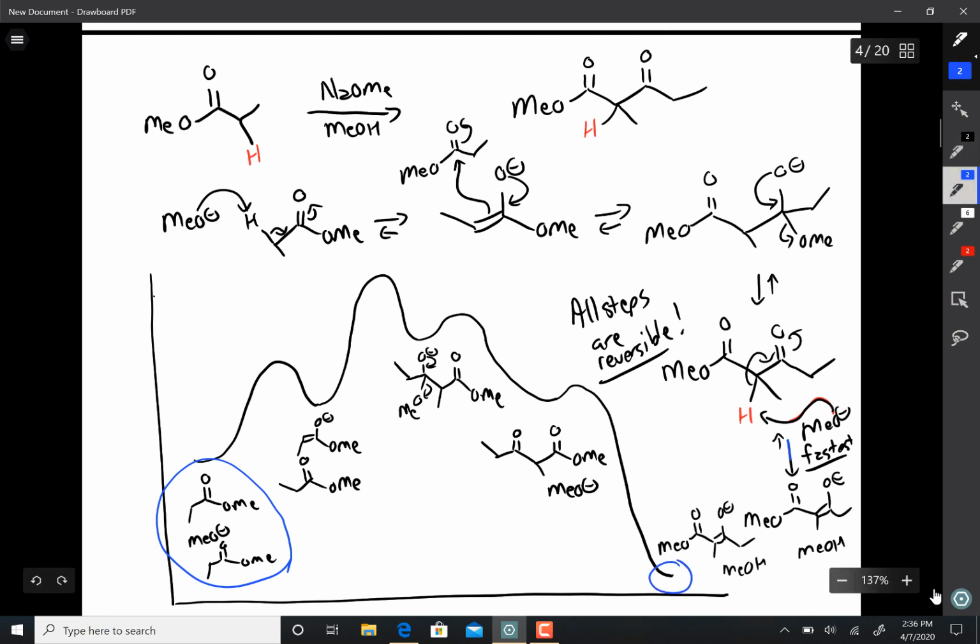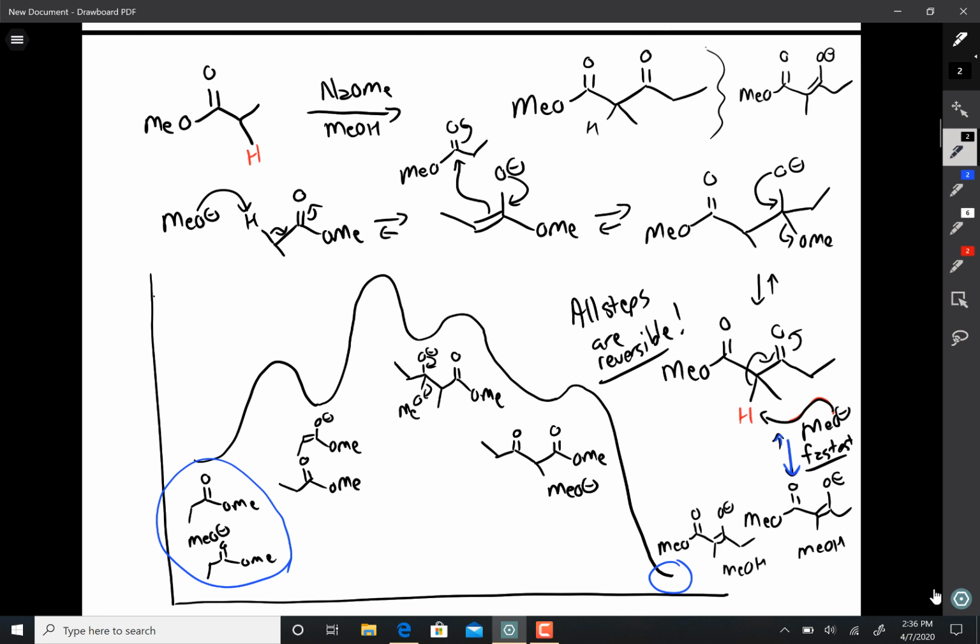And because of this step right here, this last step, it drives the entire reaction forward to this product. So the product that you get is not really this product, it's actually the enolate, the deprotonated version of this product. And that's lower in energy, and that reaction drives it.